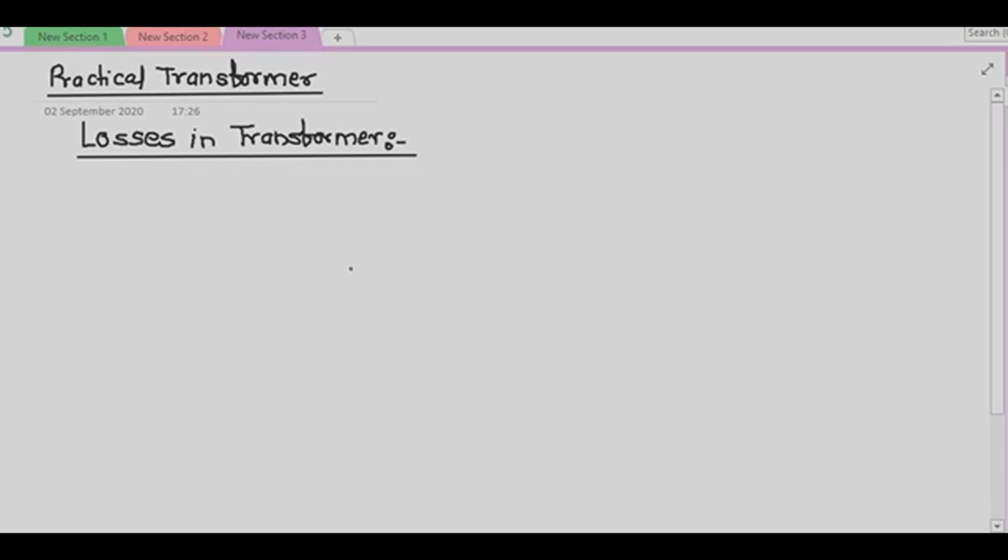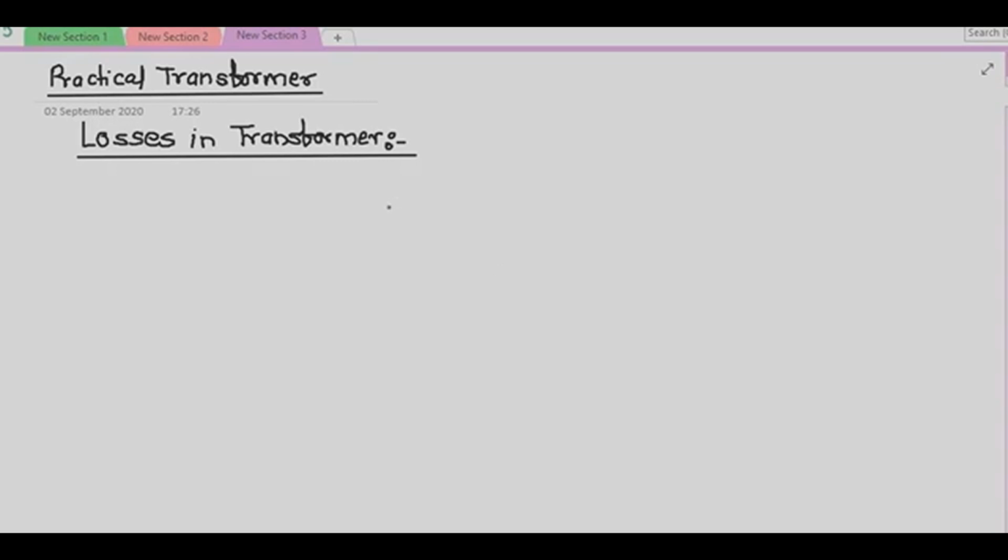Now we have to take into account the effect of these factors while analyzing the behavior and performance of transformers used in actual practice. So students, I will cover the practical transformer phasor diagram on no load and load in my next lecture.